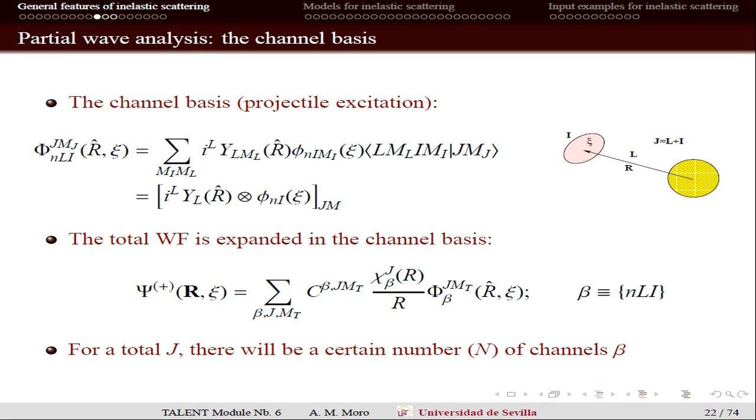So we put it inside the basis definition. And a short notation for this, remember, is this. This is a very convenient notation because it tells us that we couple L to the internal angular momentum, I, to give the total J. Okay?